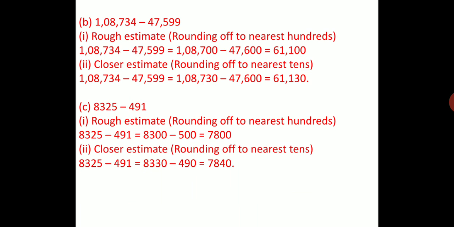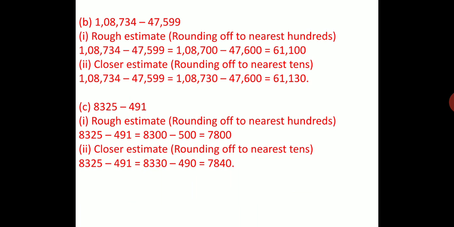So it becomes 47,600. Now the subtraction answer comes 61,130. Now you just see here, for 47,599 the nearest 100 is the same and the nearest tens is also the same. Sometimes it will happen with some numbers, so don't get confused. But it is right.